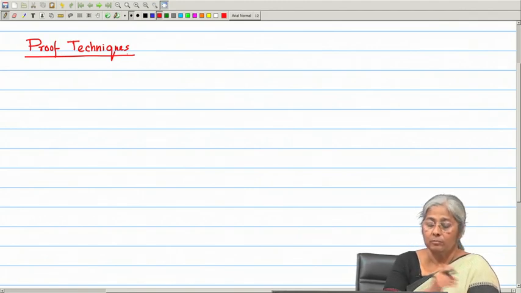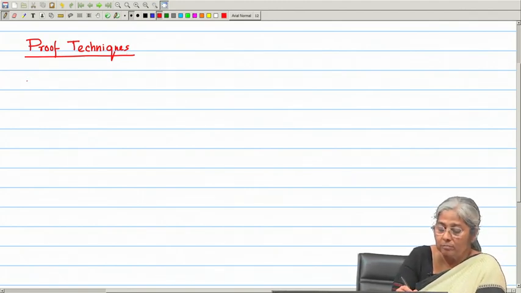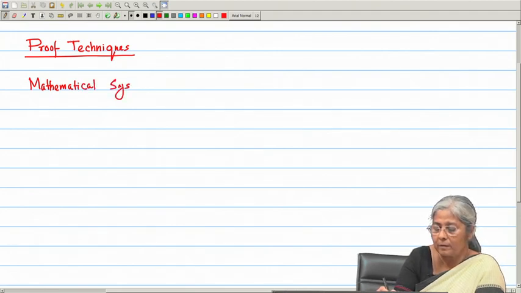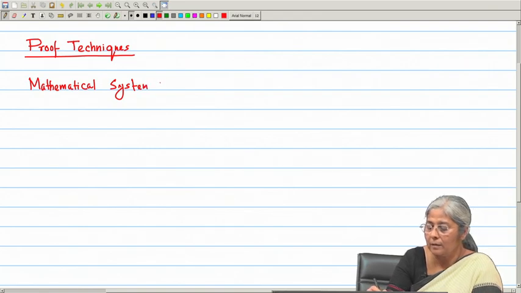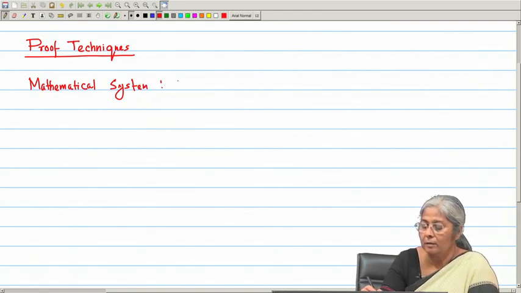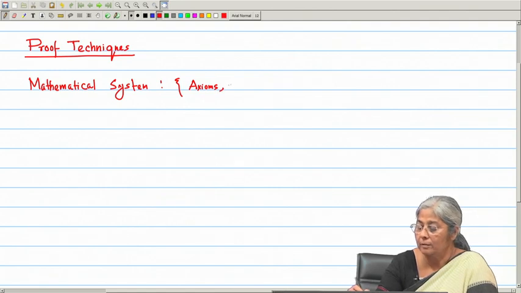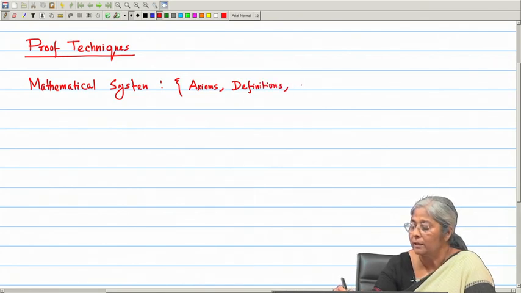Now, we know axioms. So, first we write the mathematical system. You can write that it is a set of axioms, then some definitions, and a number of terms.